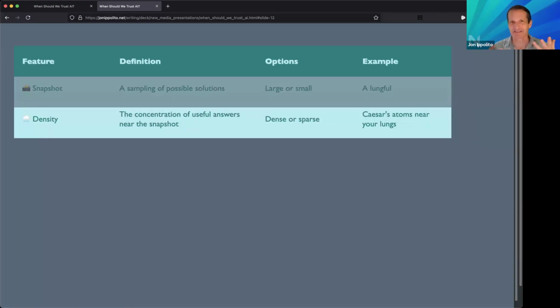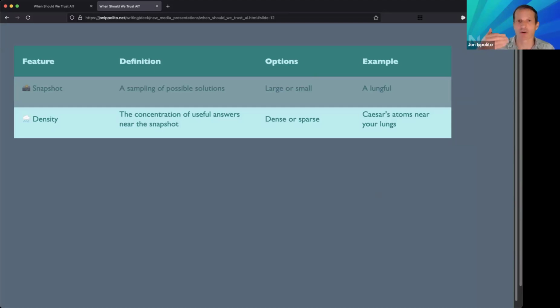Then there's this idea of what I'm calling density. It is sort of density in the sense of the atmosphere, literally how close together the molecules are. But in a large language model, where you have a more abstract space, it's how many relevant data points are in the snapshot, the concentration of useful answers near that snapshot.